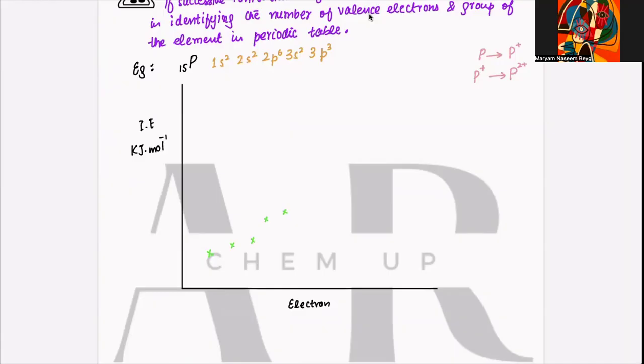Clear till here? No. Because there is a very high charge. The 2p, when you reach there, what will be the charge of phosphorus? It lost how many electrons? 5. So it is a +5.